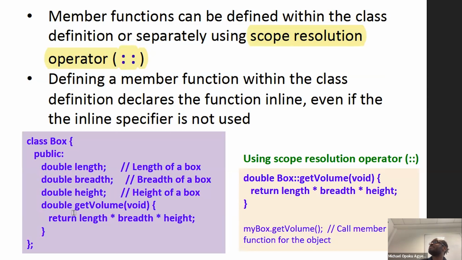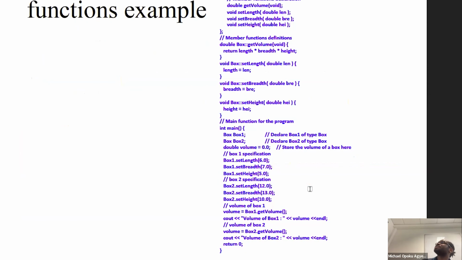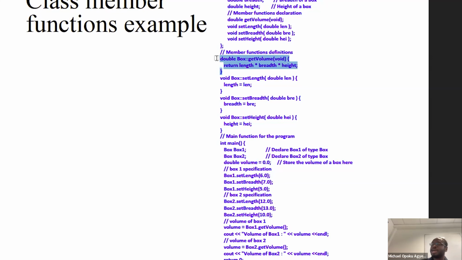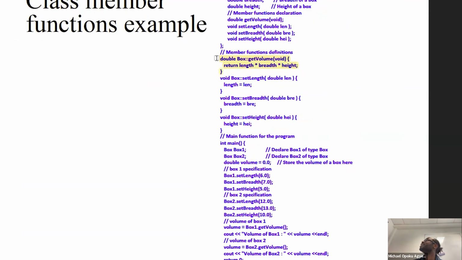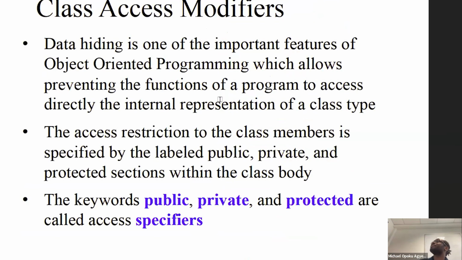So we've got an example with the inline specifier, where when we create the class, we put the whole definition there. And we've got another option where we use the scope resolution operator to define the function outside the class. So that's an example. We've run through this example.